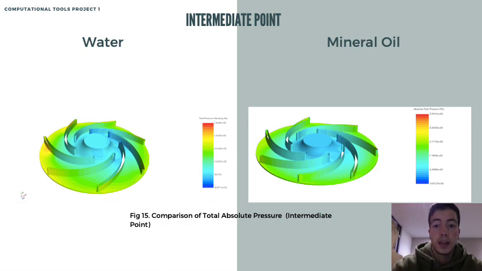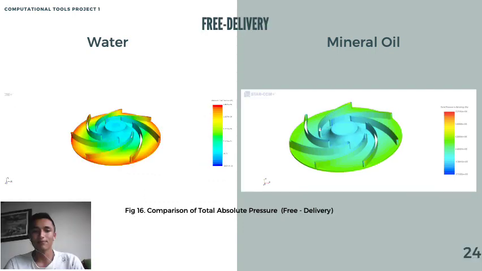This indicates that there is no implosion of the water particles since the fluid pressure remains below the vapor pressure of the fluid, and for this reason there will be no condensation of the fluid or a phase change. In the total pressure of water and mineral oil in the free delivery, we can conclude that there is also no cavitation because the pressures obtained are lower than the vapor pressure in the case of water and oil.